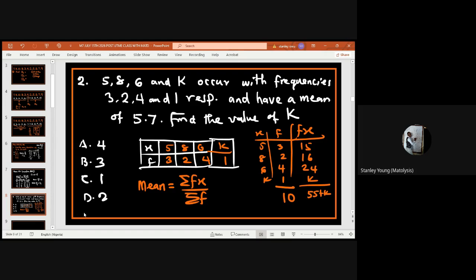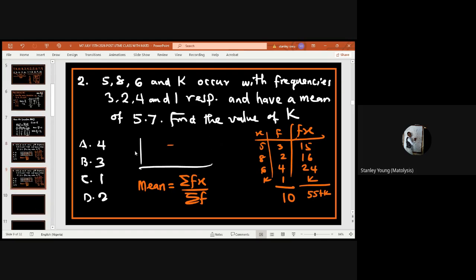So the question wants you to find the value for k. And you already know that your mean is 5.7. So you have 5.7 equals summation fx over 10. Your summation fx, when you cross multiply, is 57.